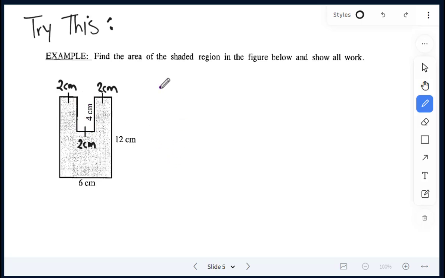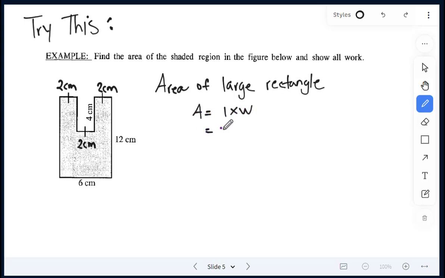So we'll figure out the area of the large rectangle first. So area of large rectangle is what I'll say here. So that is going to be area equals length times width, which is 12 by 6, which is 72 centimeters squared.